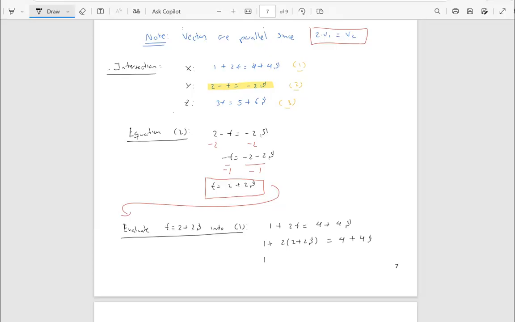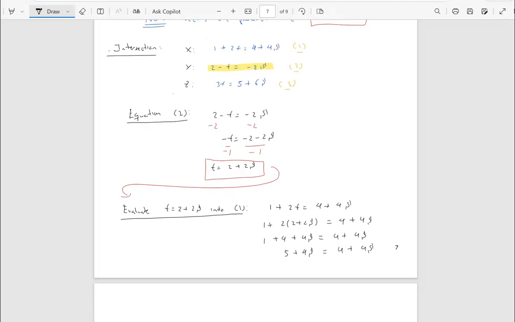So we're going to look at 1 plus 4 plus 4s. This is equal to 4 plus 4s. And on the left hand side, we have a 5 plus 4s, equal to 4 plus 4s. Let me fix this s.